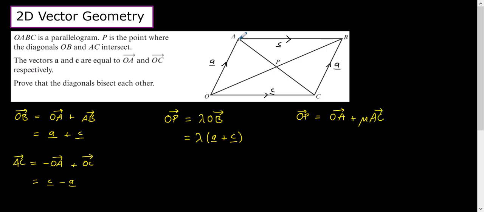So O to A plus a fraction of this diagonal. So rewrite using my lowercase letters: AC is c minus a. And so now I have two different ways of writing OP. One thing that we do know is that OP is a single vector, so we can equate those two. They must be the same because they represent the same line.